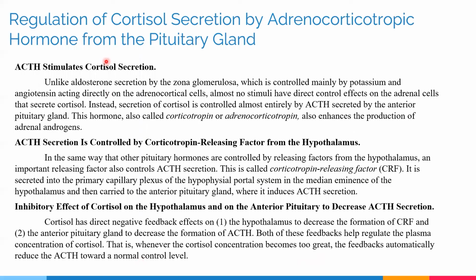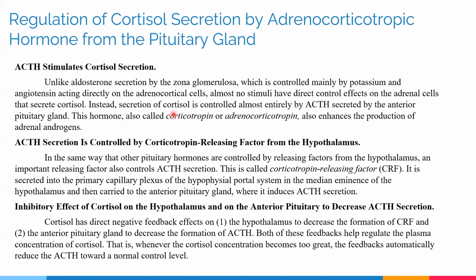Next, we look into regulation of cortisol secretion by adrenocorticotropic hormone from the pituitary gland. Adrenocorticotropic hormone, or ACTH, stimulates cortisol secretion. Unlike aldosterone secretion by the zona glomerulosa, which is controlled mainly by potassium and angiotensin acting directly on the adrenocortical cells, almost no such stimuli have direct control effects on the adrenal cells that secrete cortisol.